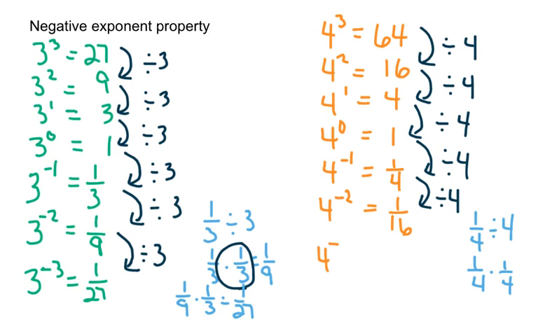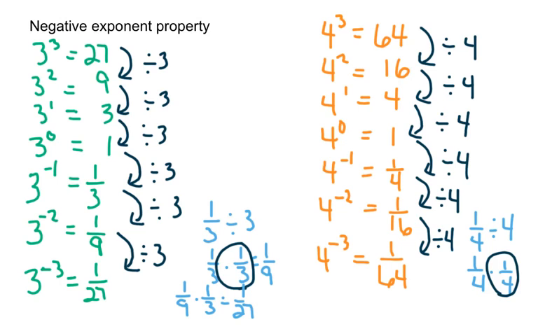And if we do 4 to the negative 3, we're going to take that 1/16 and divide it by 4, which again is the same as multiplying by a fourth, and 1/16 times 1/4 is 1/64.